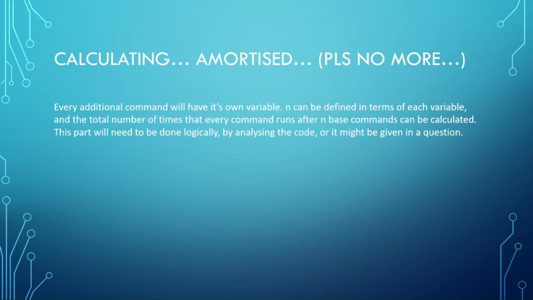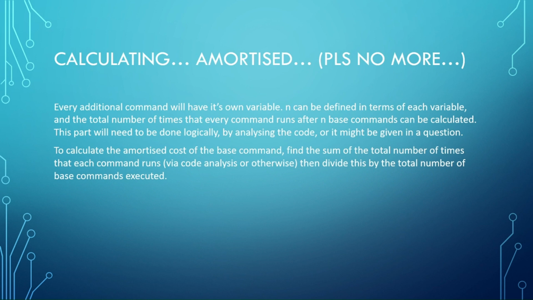The number of base commands to execute, n, can be defined in terms of each variable, and the total number of times every command runs after n base commands can be calculated. As I said, this needs to be done logically by analysing the code, or maybe it's given in the question, which would be very helpful.